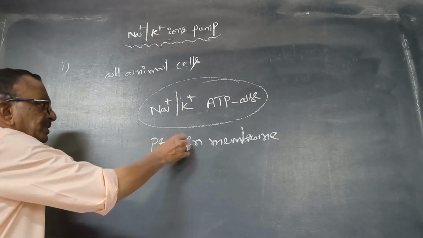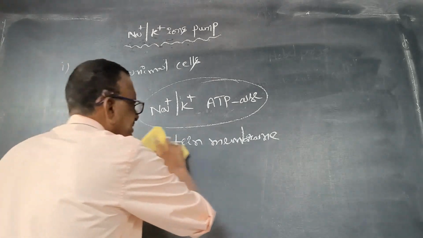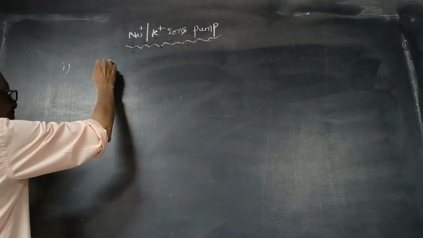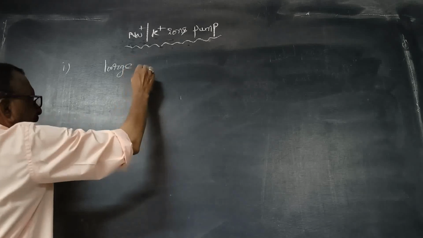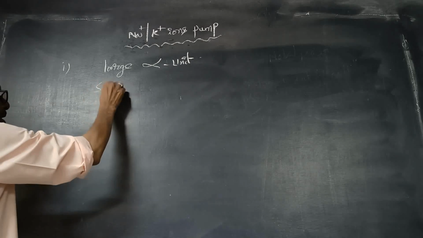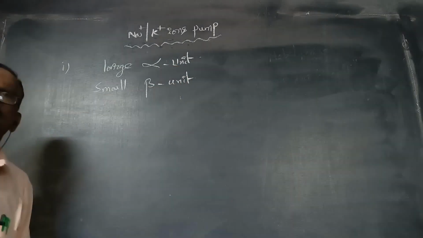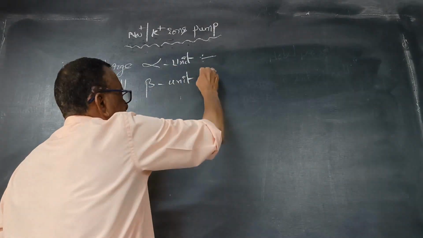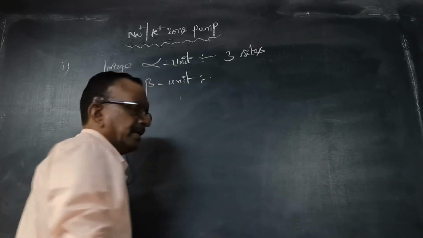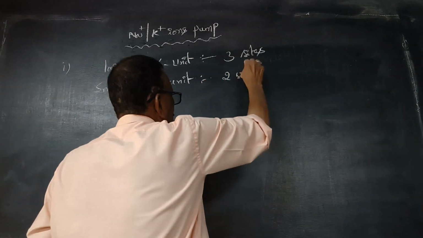Okay. Now this sodium potassium protein membrane has two units. One is a large alpha unit and a small beta unit. The alpha unit has three sites, three vacant places. And the beta unit has two sites.